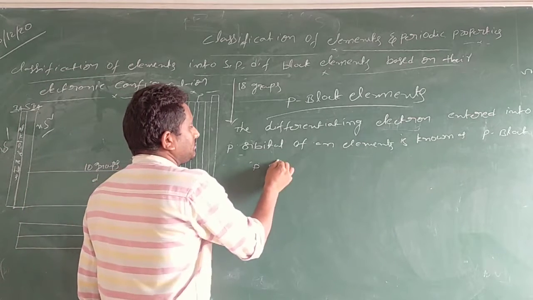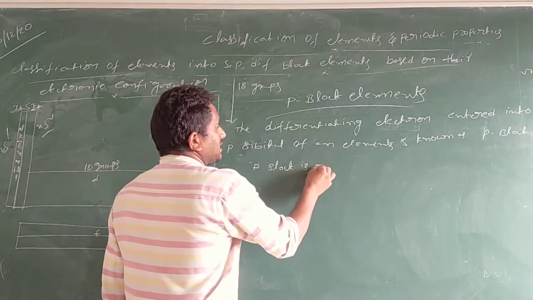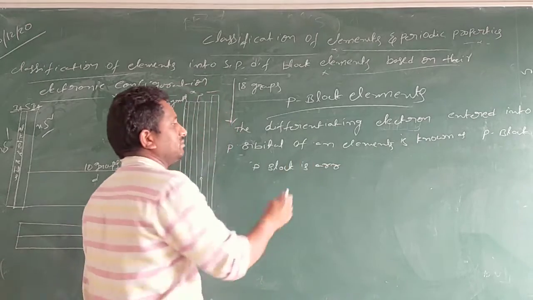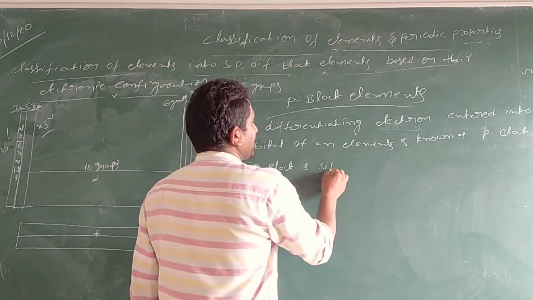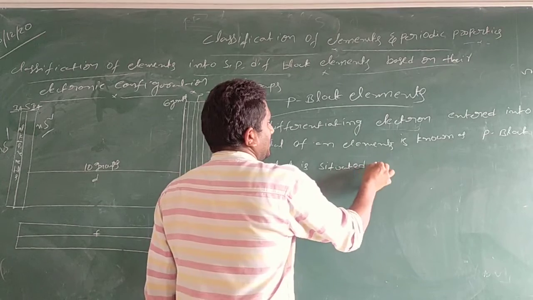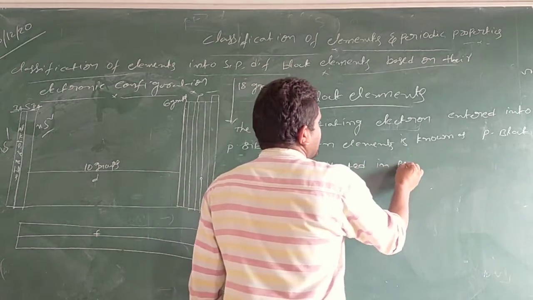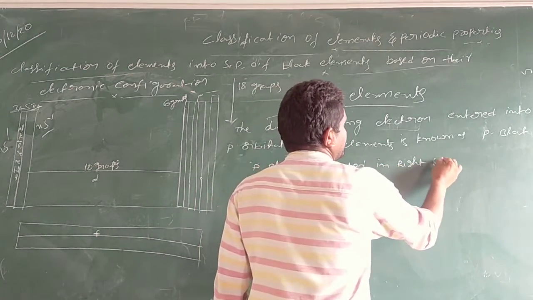P block is situated on the right side of the periodic table.